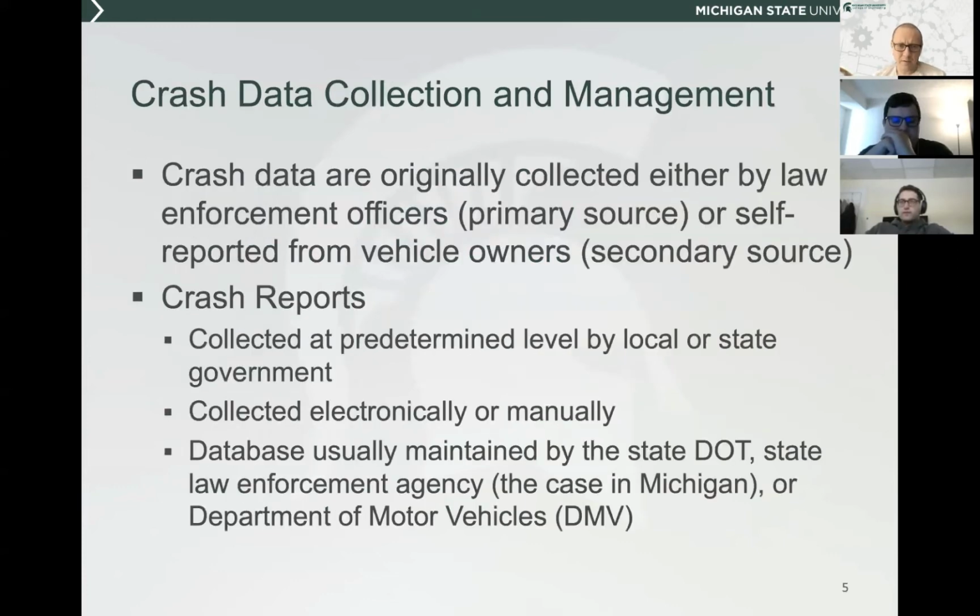Those are the different ways we can try to look at addressing safety from an engineering perspective. But beyond that, we're ultimately interested in trying to assess performance, both in real time and moving forward over time as we look at where projects are potentially warranted.